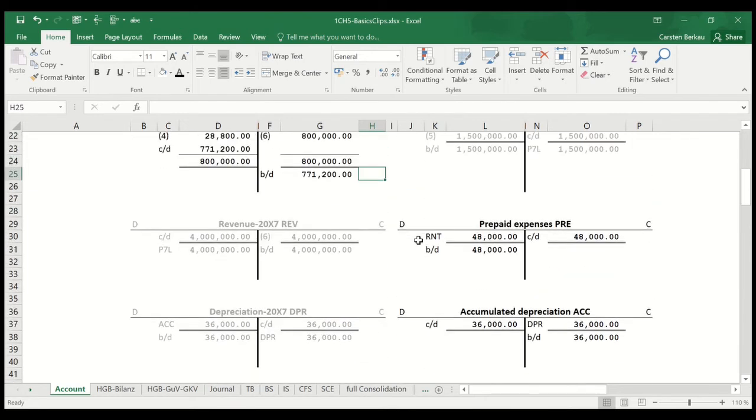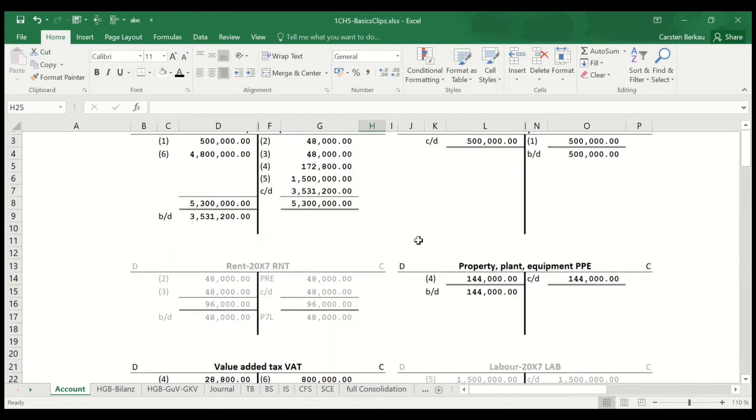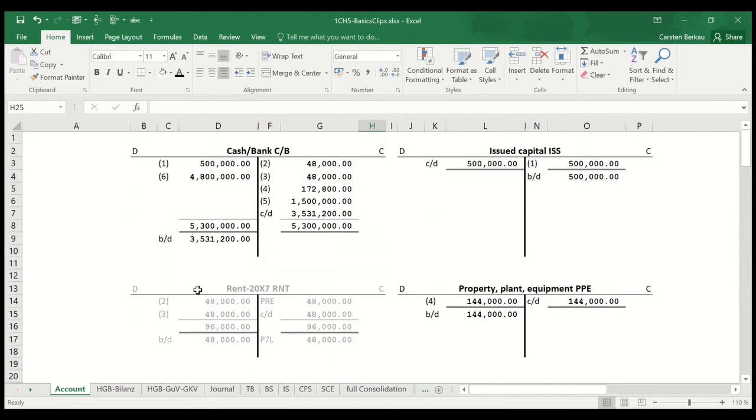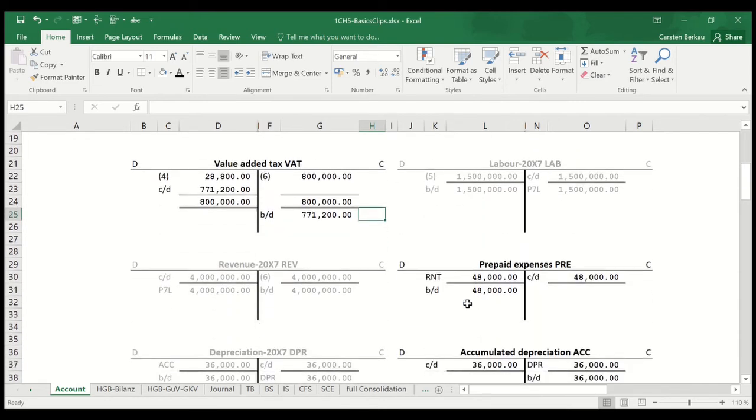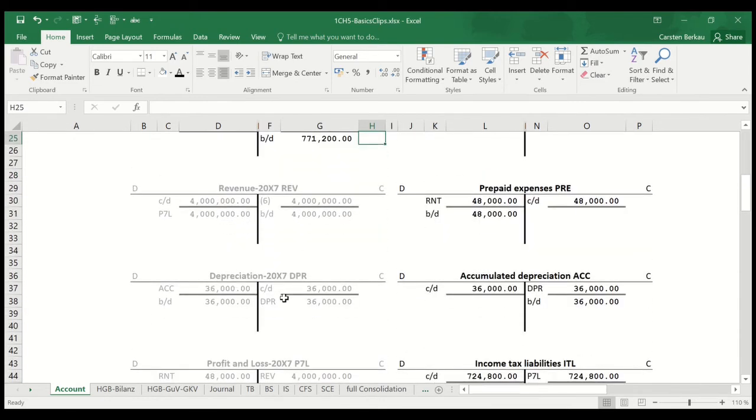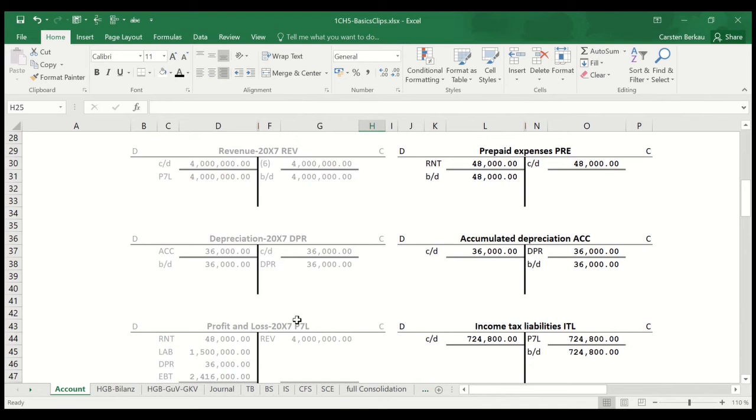All the nominal accounts have been closed off, and as a result of the closing off, I grey them out. So the rent 2007 account, the labor account for 2007, the revenue, the depreciation, and the profit and loss account, they do not exist for us any further. We continue the real accounts.